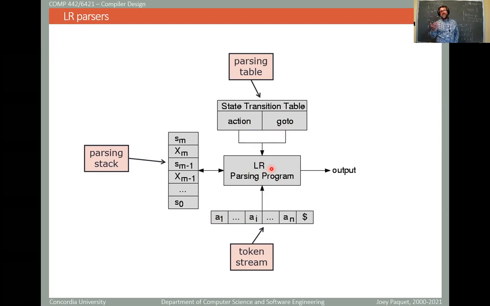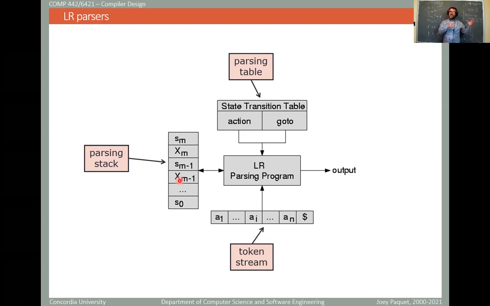What happens also depends on what is on top of the stack, because as you go forward in a certain right-hand side, you take the symbols that you go over as you parse and push them onto the stack.